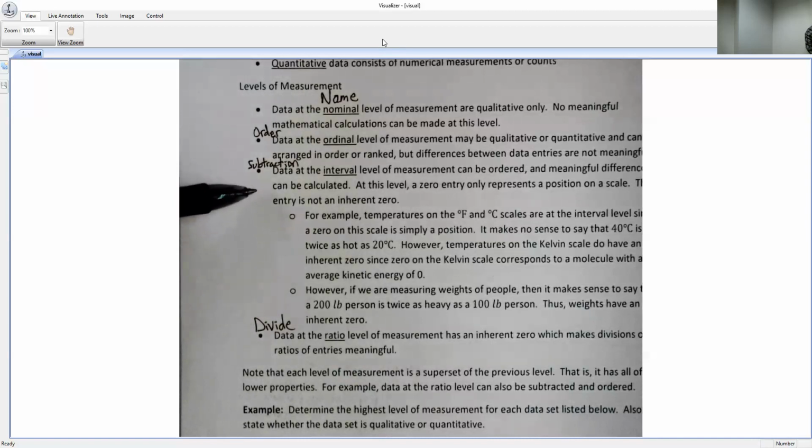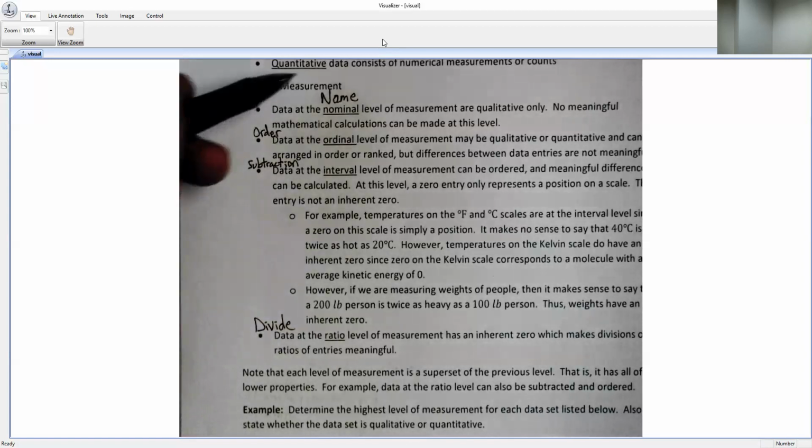And then to continue, if I can subtract numbers and they make sense, then I certainly could put them in order, right? If I'm able to subtract them and it makes sense, I can certainly order them. And if I can order them, I certainly could give them a name. So the ratio level, we call that the highest level. And if we're at the highest level, then we're at the other levels too, okay?